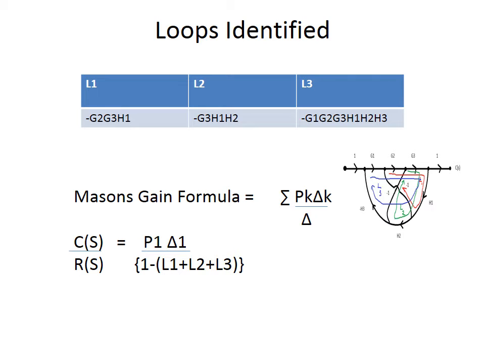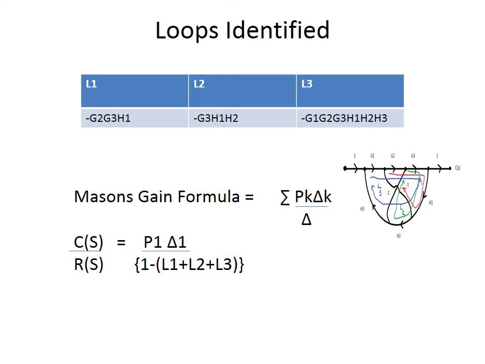And our Mason's gain formula says the transfer function is obtained as the summation of Pk delta k by delta, where here we have only one forward path P1, which is G1, G2, G3, and delta 1 is 1 as we do not have any other loop which is not common to the path G1, G2, G3.